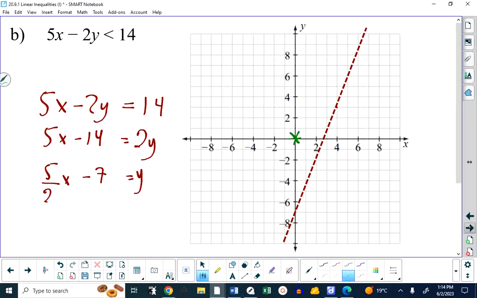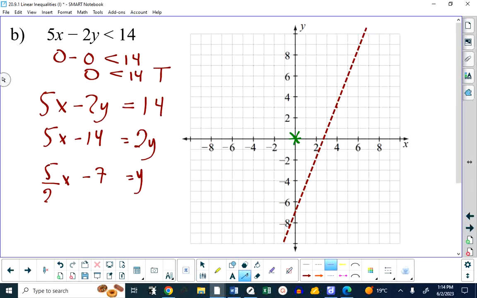Again, putting in 0 for x and 0 for y makes your life so much easier. If I do that, I get 0 minus 0 is less than 14. 0 is less than 14. True. Which means that test point is a solution. Which means the solution is shaded above.